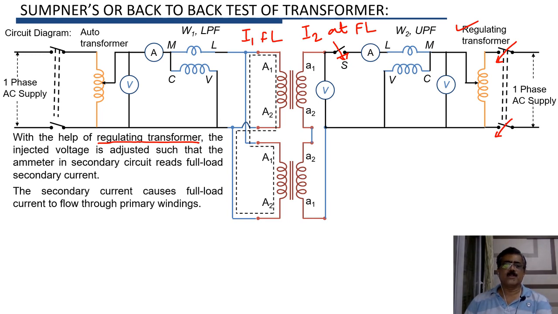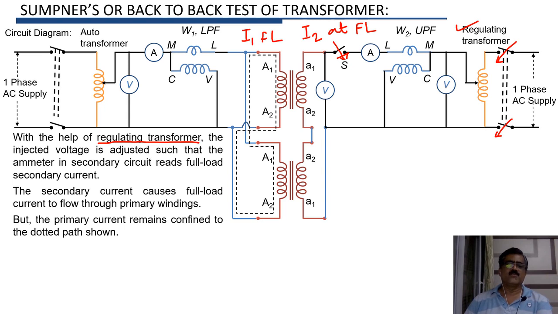But the current on the primary side is confined to this dotted path only. Means the current on the primary side flows through this closed loop, and this full load current is not reflected on the input side. Means if you consider this side, then the condition will remain the same.